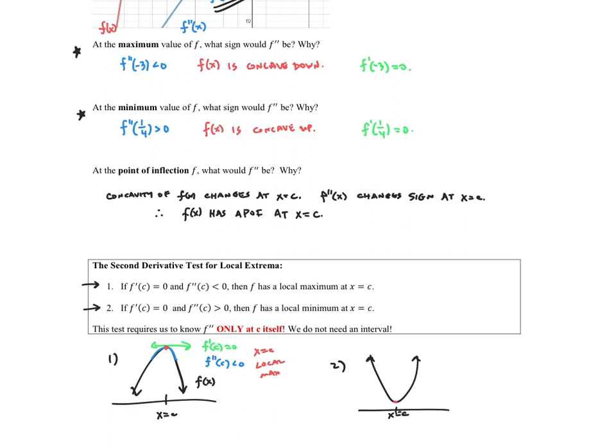At this value, there's a local minimum, and the reason why is because f prime at c is equal to 0, and you can tell that the concavity of the graph at that point would be greater than 0. Okay, thus, at x equals c, there is a local minimum.